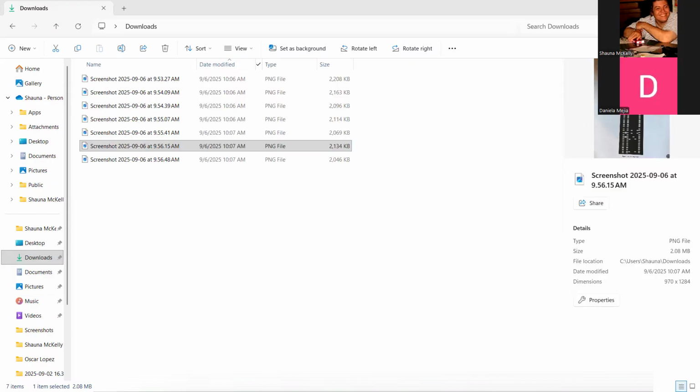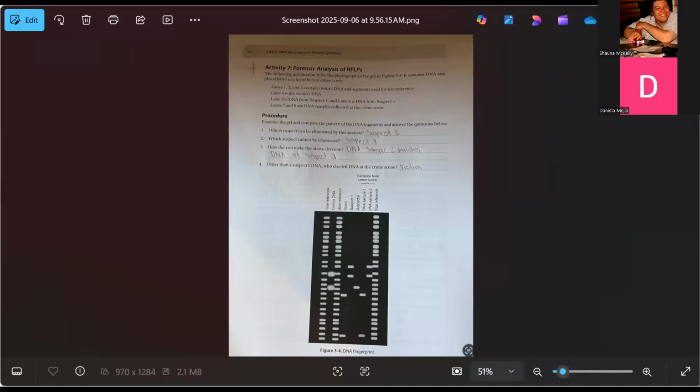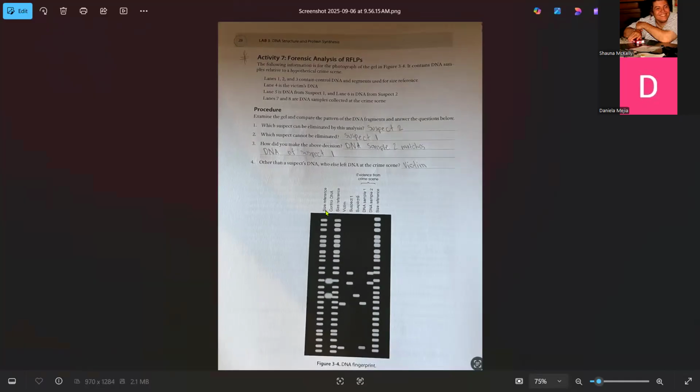Okay, so it says activity 7, forensic analysis of RFLPs. The following information is for the photograph of the gel in figure 3.4. It contains DNA samples relative to a hypothetical crime scene. Okay. So you've got information on the side of this. There's a size reference.